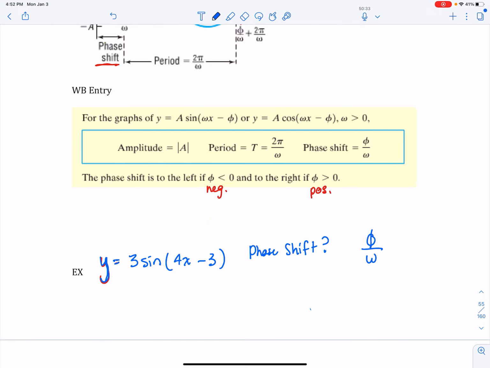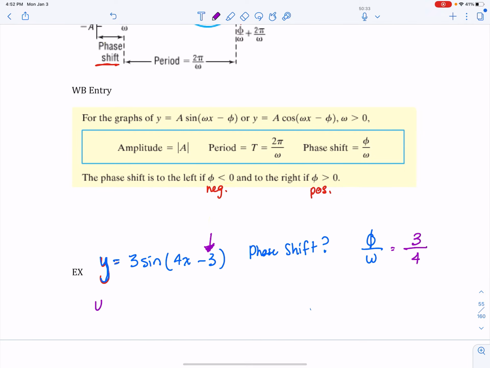Phi is this value here. Remember, the standard form has a negative here, and we have a negative here, so phi is actually a positive 3. And omega is the value in front of x, which is 4. So my phase shift is going to be 3/4.